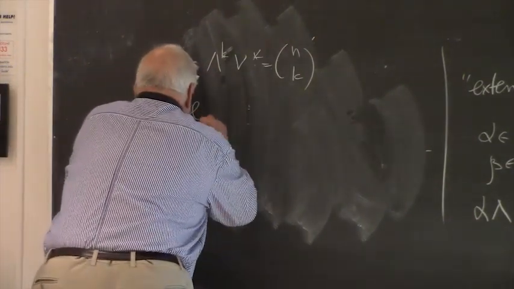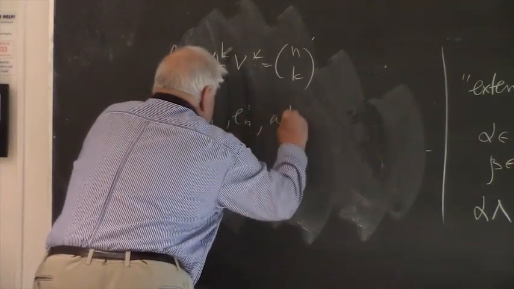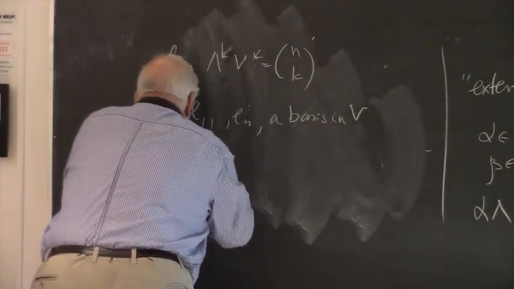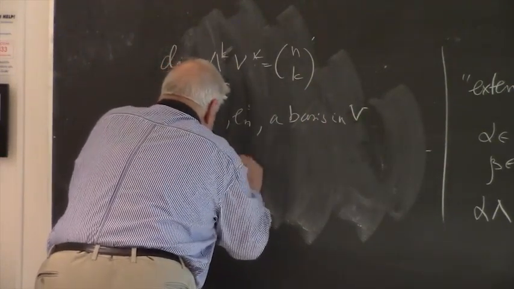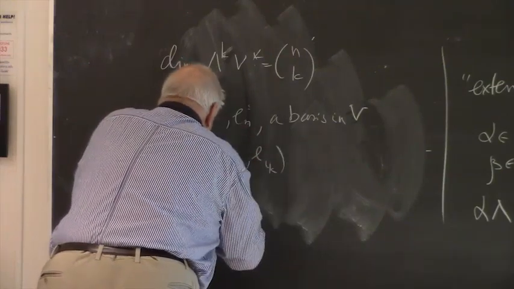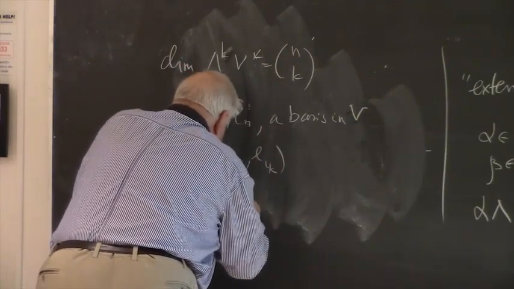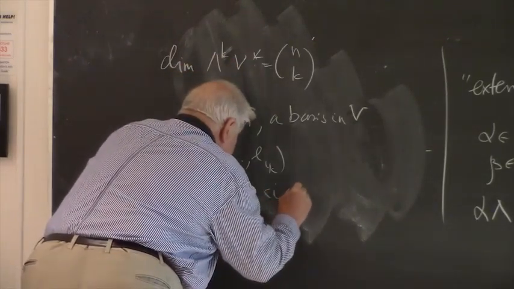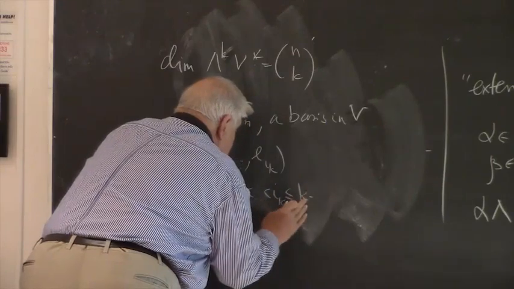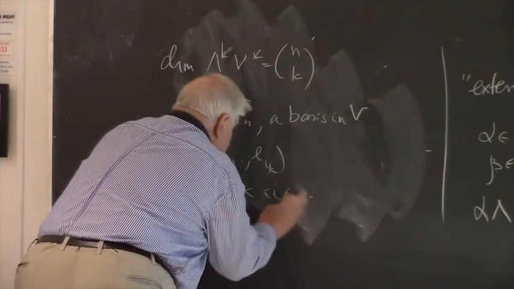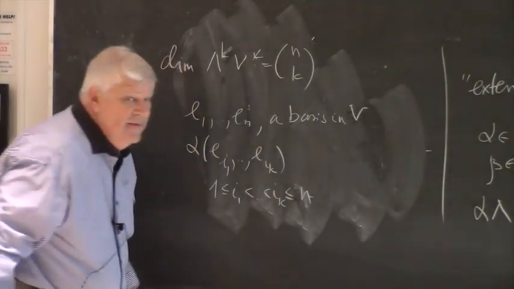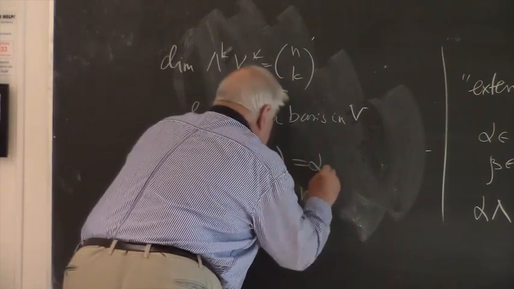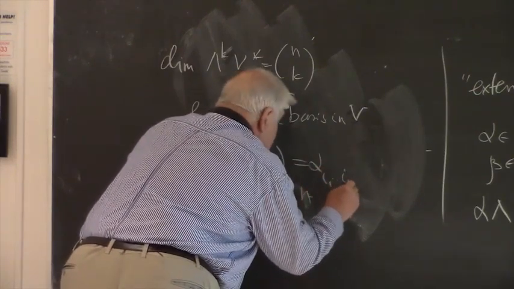We choose a basis in V, and we write alpha of e i1, ..., e ik, where again the i's are between 1 and n. This is a number. I denote it as alpha i1 ... ik.